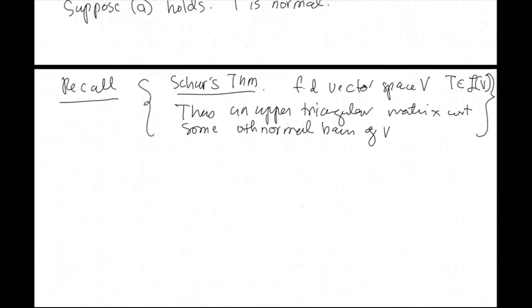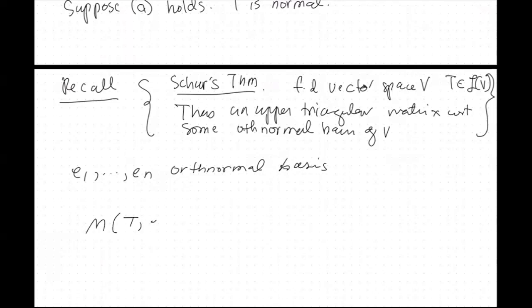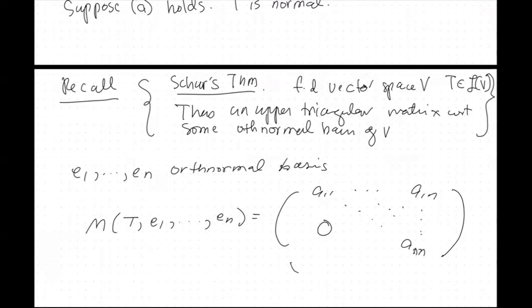By Schur's theorem, there is an orthonormal basis e1 to en with respect to which T has an upper triangular matrix, given by a11 up to a1n, and everything below the diagonal is 0.